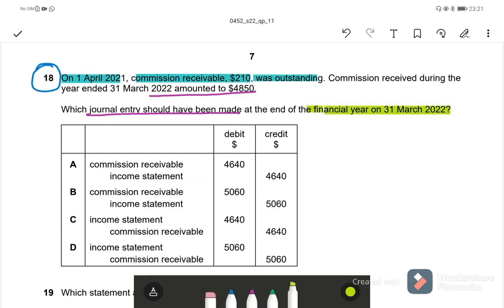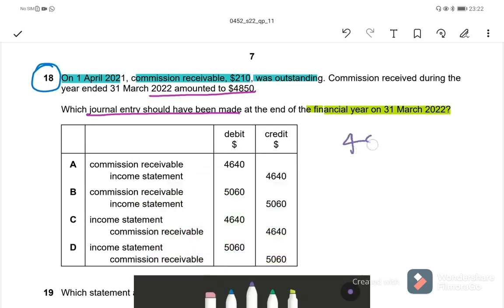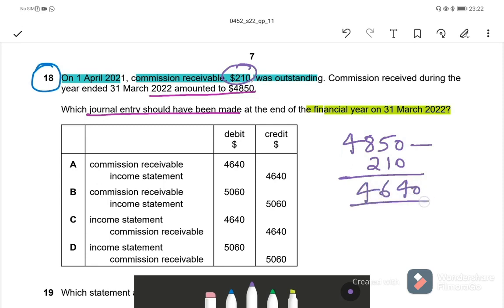So first we have to calculate the commission for 31st March 2022. Commission received is 4850 minus opening commission 210. 4640 is the commission.